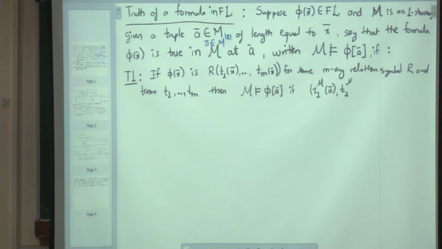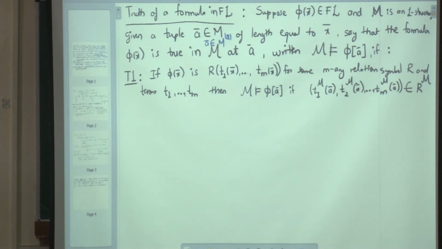Then T2 at A bar, Tm at A bar. When you evaluate all of them at A bar, you will get a single element in M. So far we have an m-tuple of elements of M. And this m-tuple should belong to the interpretation of the relation symbol R in M.